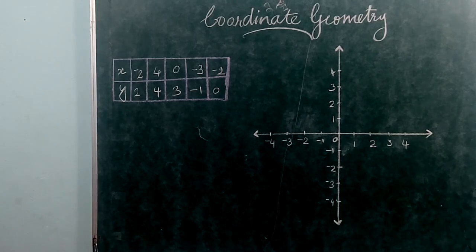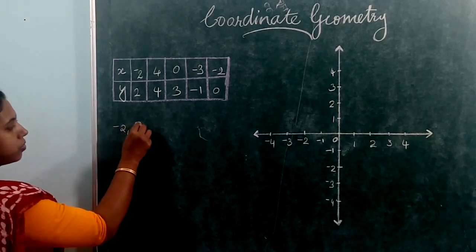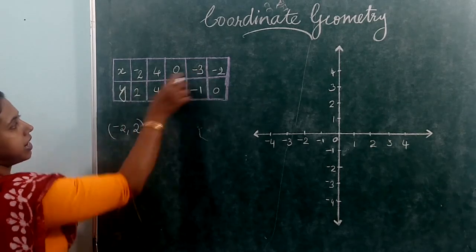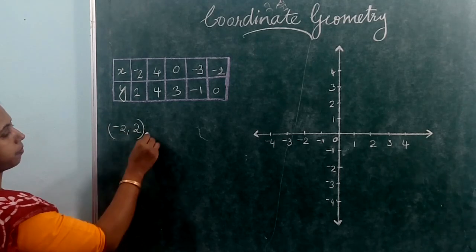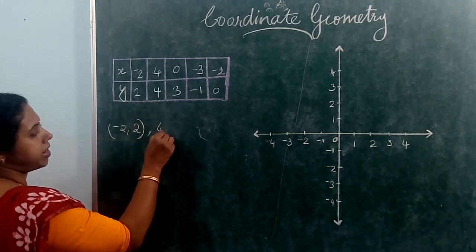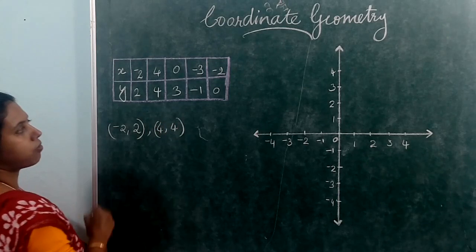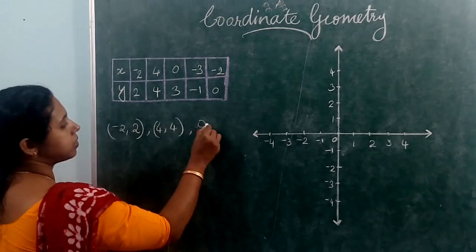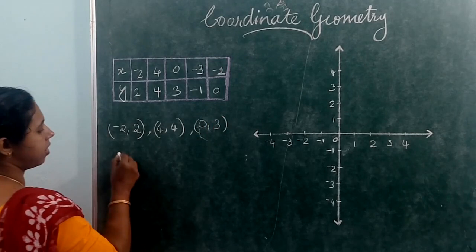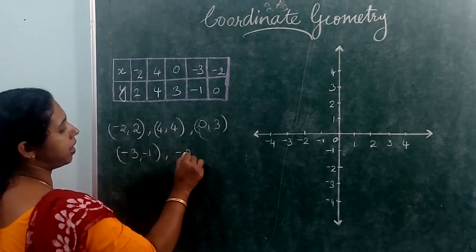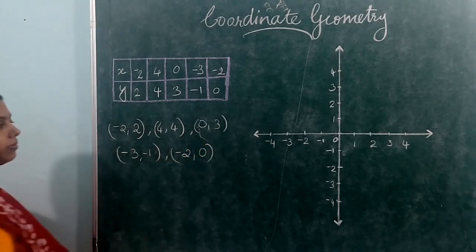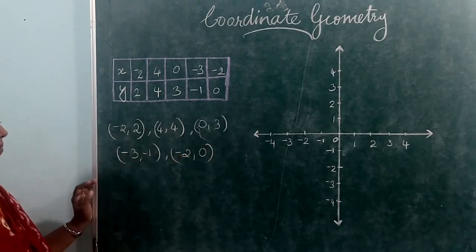The pairs of numbers given in the table can be represented by the points: (-2, 2), x coordinate, y coordinate; (4, 4); (0, 3); (-3, -1); and (-2, 0). Now we have the coordinate points.